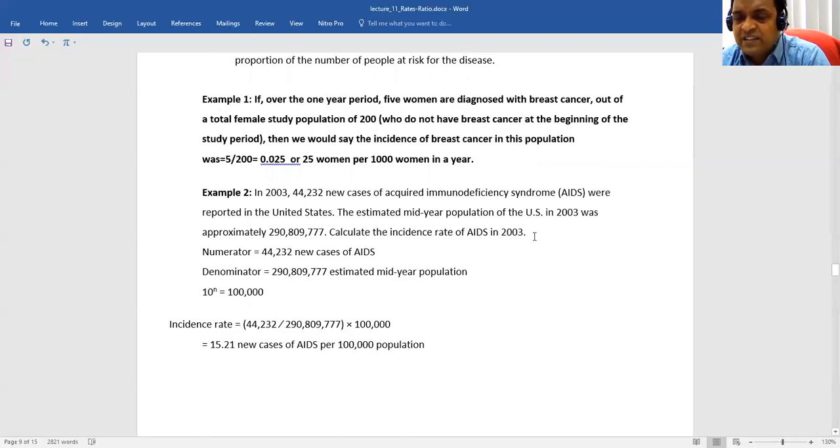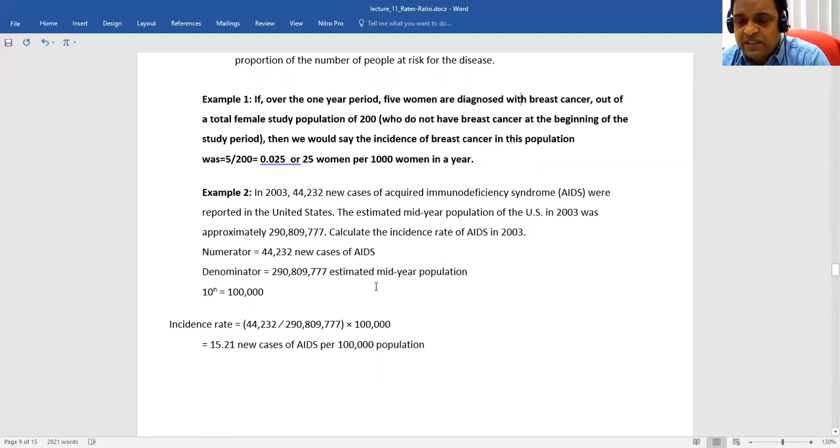What is the incidence rate in 2003? Time is very important, here the year 2003. The incidence rate will be how many people developed AIDS, 44,232, divided by the total population. So the numerator is 44,232 and the denominator is the population.